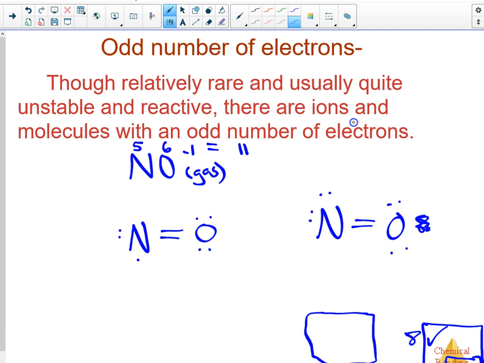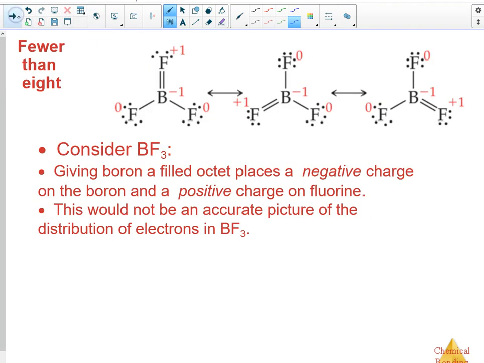Okay, you okay with this? These are by far the most rare ones, but they're easy because if you just add them up and you have an odd number, well, you have an odd number, and you just make sure that the one that is short is the one that's less electronegative. Okay? If you have to screw one over, it's always going to be the one that's less electronegative.